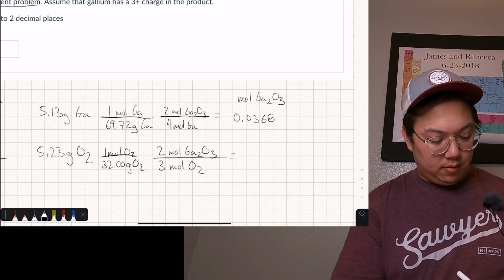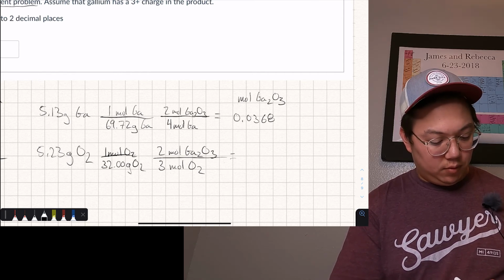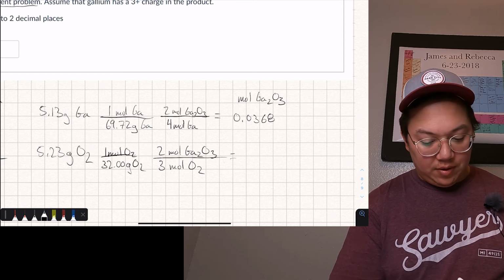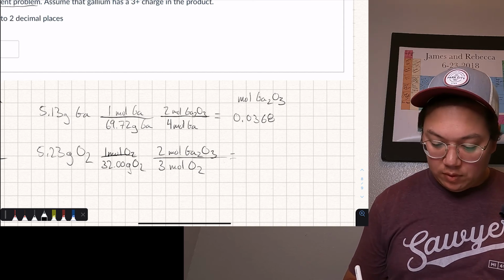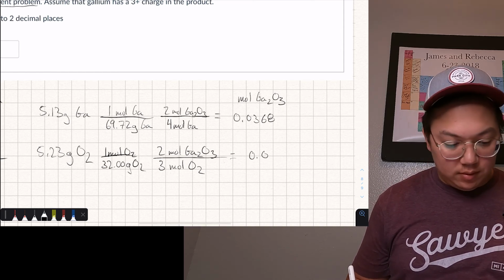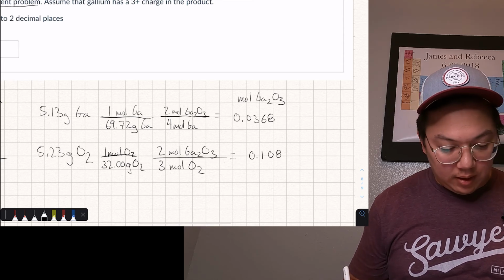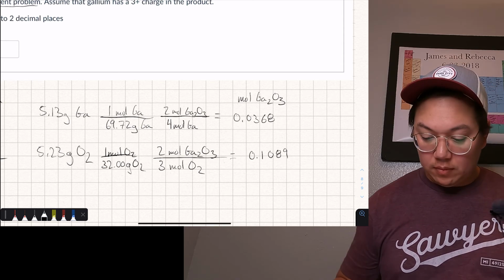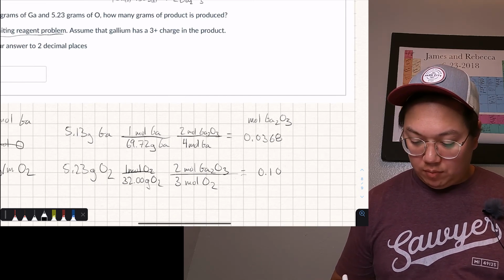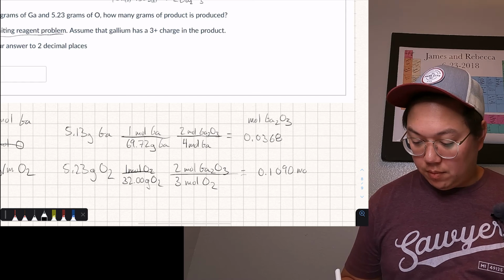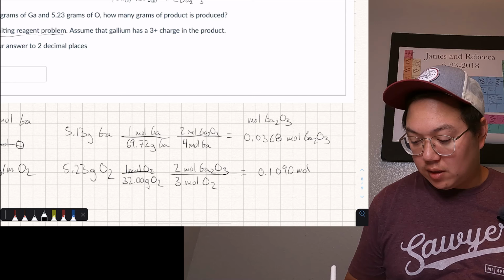And then to do the other one, 0.23 divided by 32 times 2 divided by 3 will give us 0.1089. Sorry, if I'm rounding there, it'd be 90. And these are each in moles of gallium oxide.